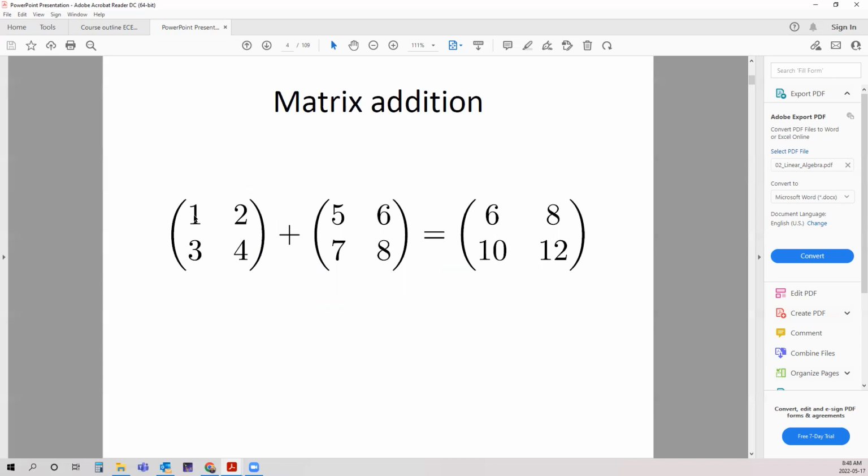We add the first element in the first row of the first matrix with the same element in the second one. So 1 plus 5 is 6, 2 plus 6 is 8, 3 plus 7 is 10, and 4 plus 8 is 12. Then the summation of the two matrices ends up with a new matrix: 6, 8, 10, and 12.